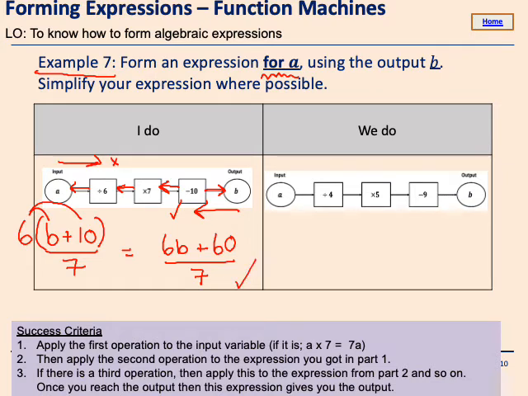So remember with these now, when you're working backwards, you're going to use the inverse operation. So if you're subtracting 9, you're going to do the opposite of that, which is to add 9. So there's a little start for you that I've helped you with. Pause the video now and give yourselves a minute to try and solve this one.